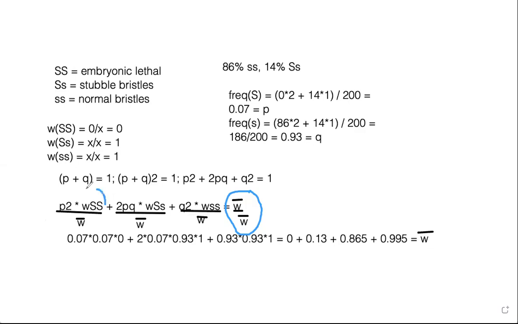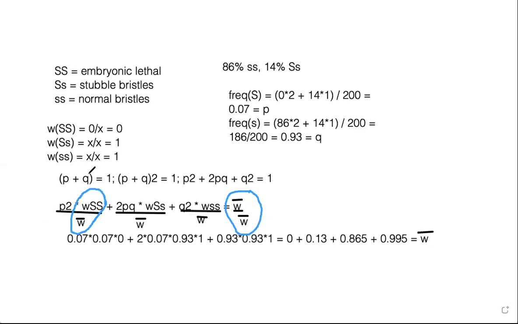We can kind of regroup this a little bit. And we can say this is P squared multiplied by this fraction. Now, P squared by itself, that would be the frequency of big S flies if we did not have any selection going on. W big S divided by W bar tells you the effective selection right there.